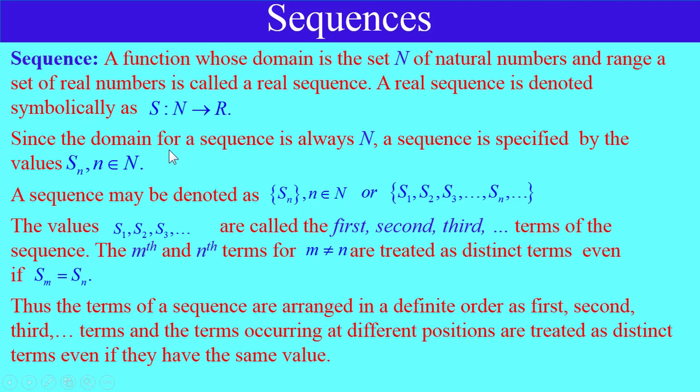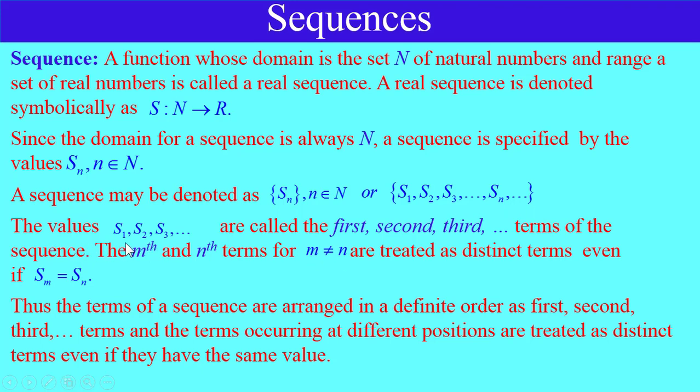Since the domain of a sequence is always N, a sequence is specified by the values Sn, where n is a natural number. A sequence may be denoted as Sn, n belongs to N, or S1, S2, S3, ..., Sn.